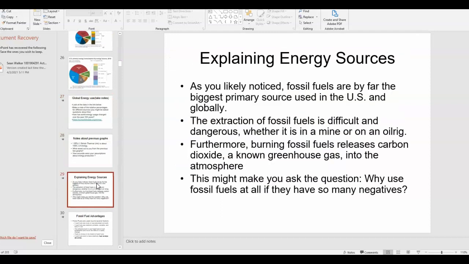Okay, so moving on. As you probably saw from the pie charts, fossil fuels are by far the biggest primary energy source used in the US. Now, when you talk about extracting fossil fuels, it's actually really difficult to do and dangerous too, whether you're talking about mining coal or working on an oil rig.